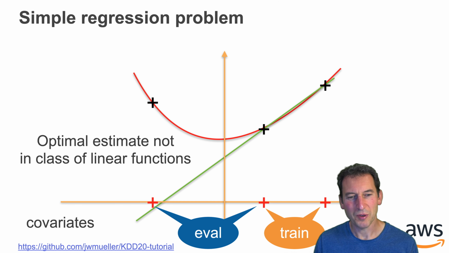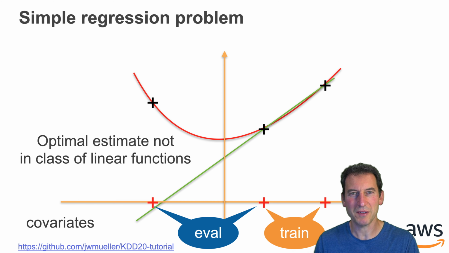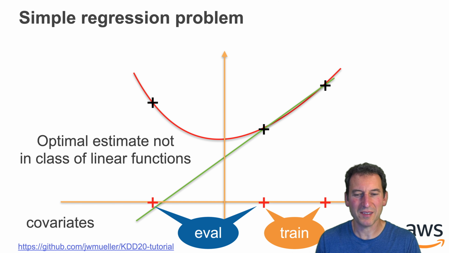Now, for maybe a quadratic function, things might have been better, but what this really means is that I really need to be careful if training and test distribution are very different, because then I will get very surprising results. Okay, so as I already promised, this has some very direct consequences.